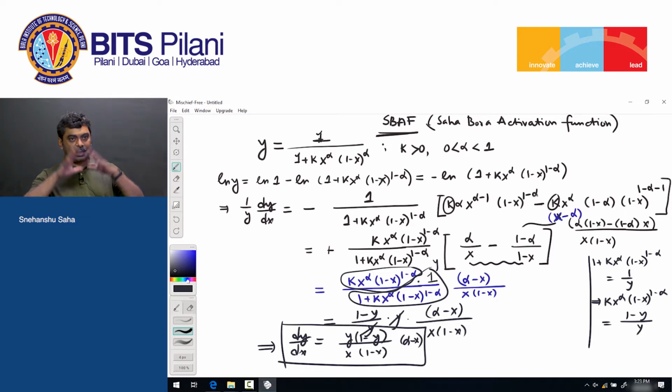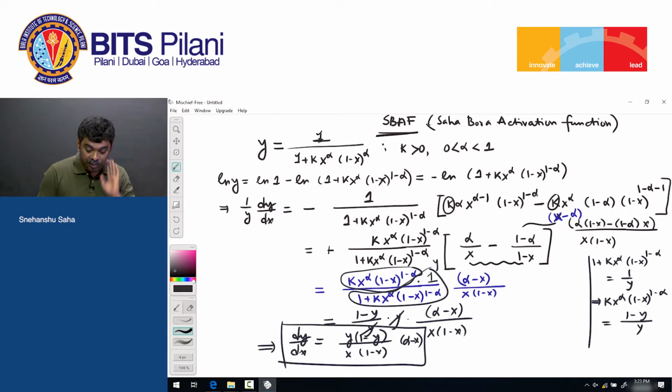This once again gives me the first order derivative of the activation function, which we can use in gradient descent learning. But what's the difference between this derivative and the derivative of the sigmoid function that we observed? Well, there is a difference.